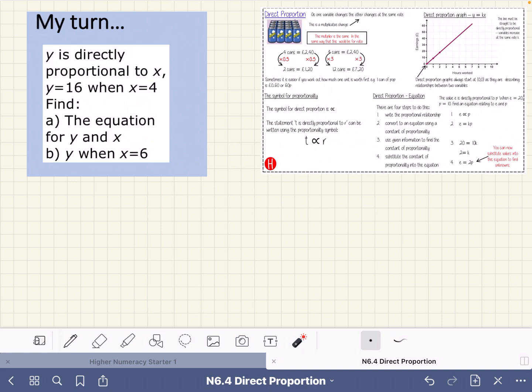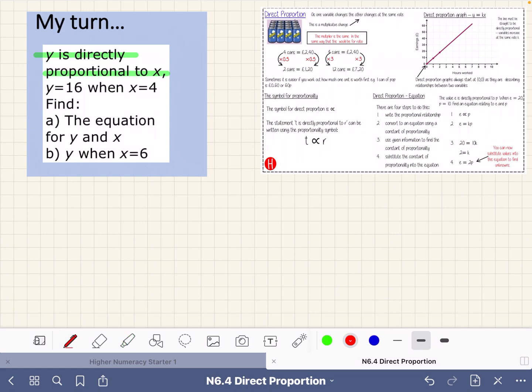So, y is directly proportional to x. My first step is to represent this using the symbol for proportional instead of is directly proportional to.